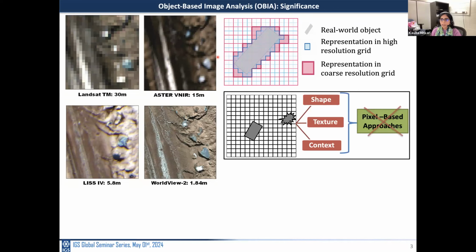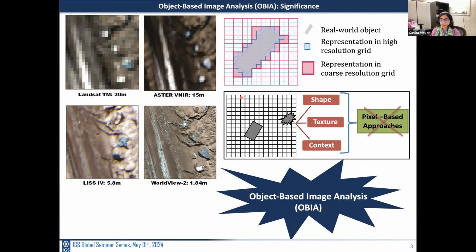However, pixel-based approaches, in which the basic entity is a pixel, fail to utilize the spatial information, and therefore object-based image analysis, that is OBIA, came into play, because OBIA works on a group of homogeneous pixels rather than a single pixel.